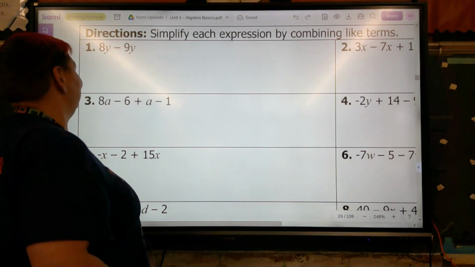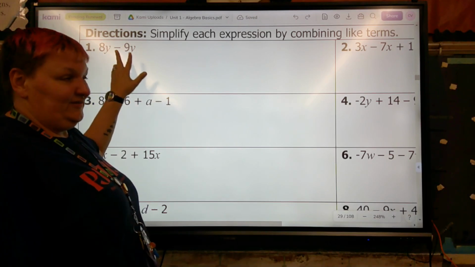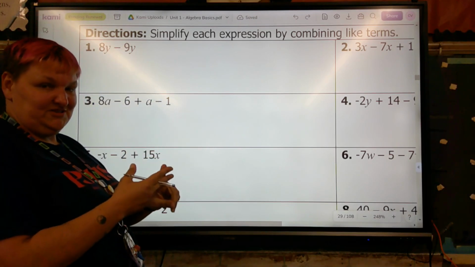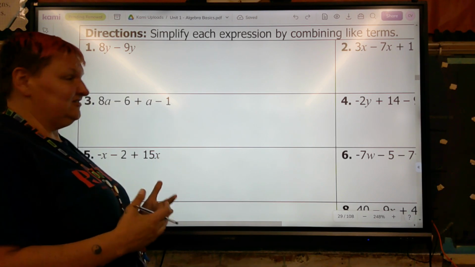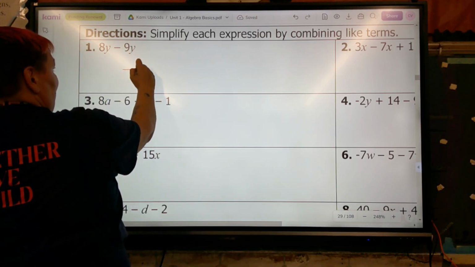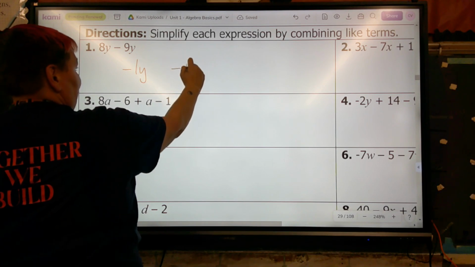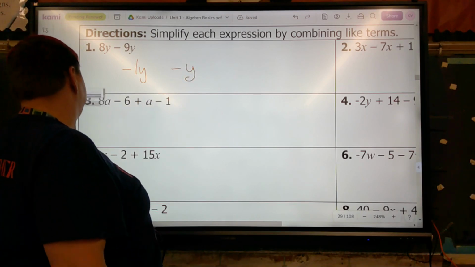Okay? Alright. Simplify each expression by combining like terms. Remember, they have to have the same variable to the same exponent or no variable at all to be like terms. 8y minus 9y is either negative 1y or negative y, because you can leave the 1 invisible, right? Remember.